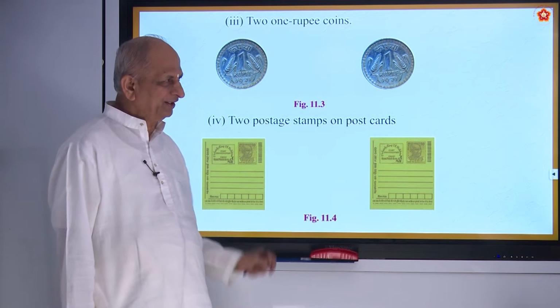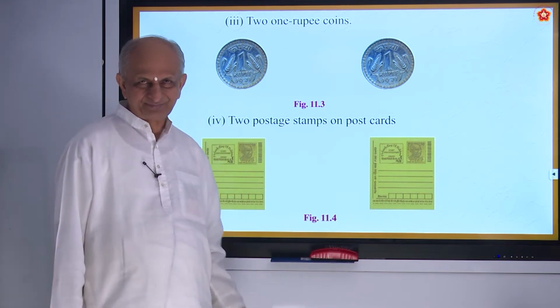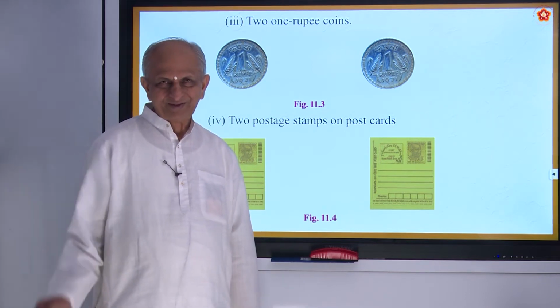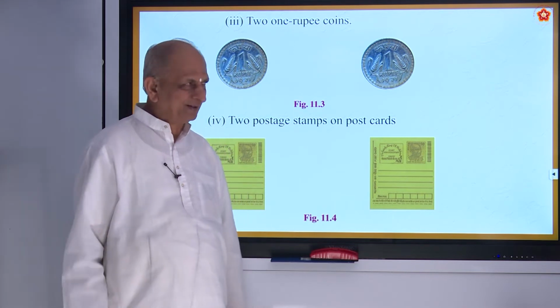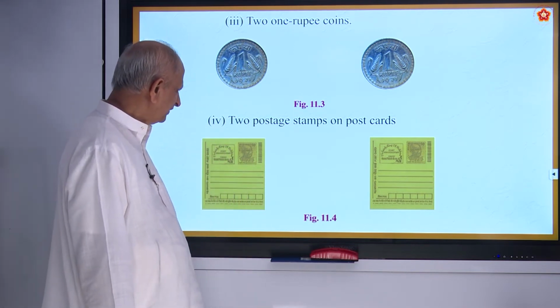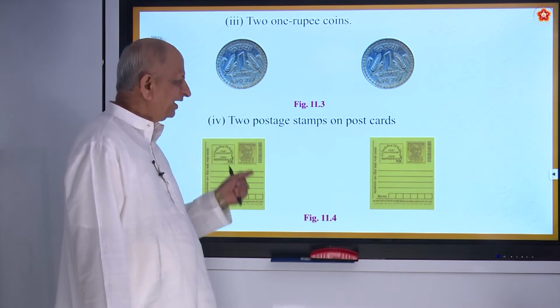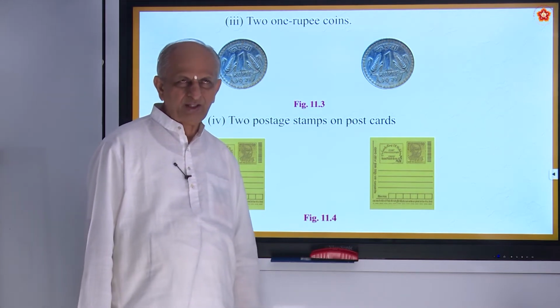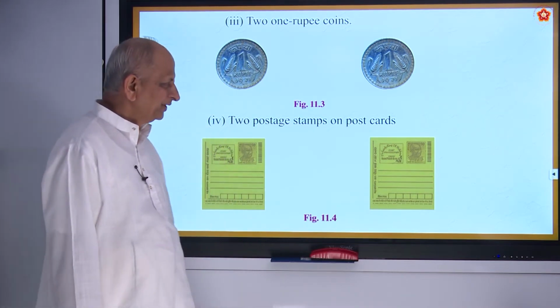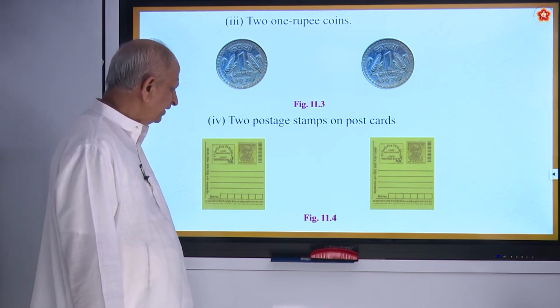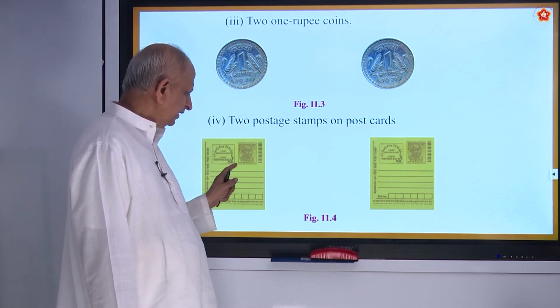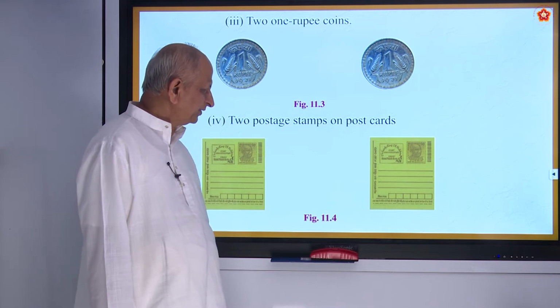Of course, when you say coin, you are not considering the thickness. We are considering only the shape and radius. Okay. Here also, thickness of the card is not counted. Only stamp is counted, and we found that the length and breadth of the stamps are equal.